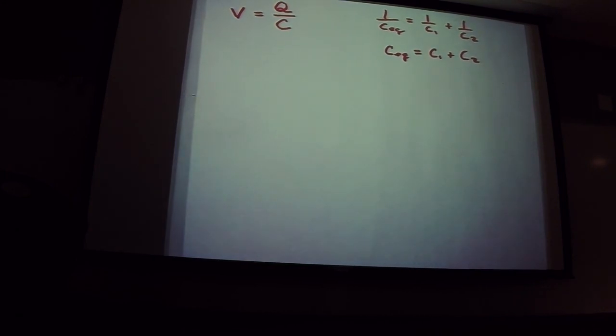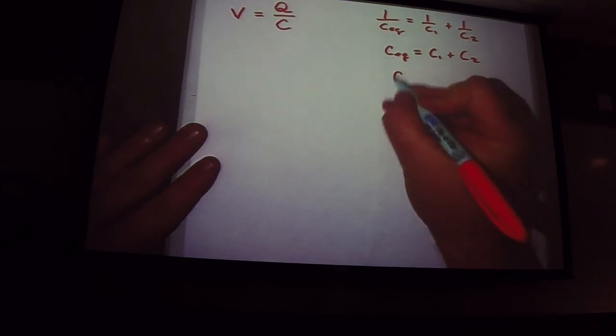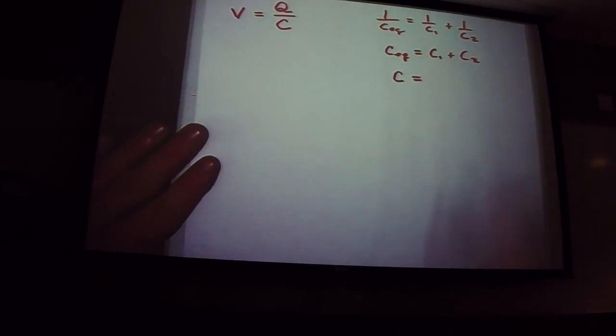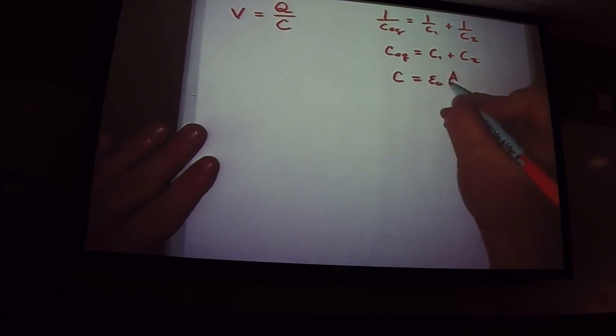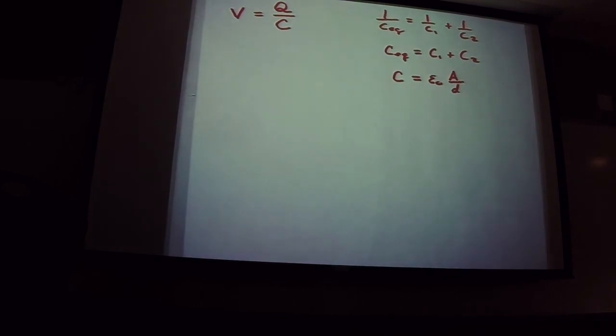In parallel, the voltages are the same and the charges add. And one more formula we had last time is the capacitance of a parallel plate capacitor, which is the constant epsilon naught times the area of the plates divided by the distance between those plates. So those are the formulas that we had.